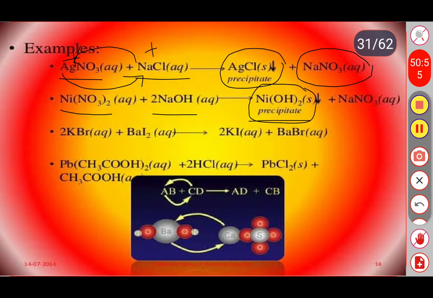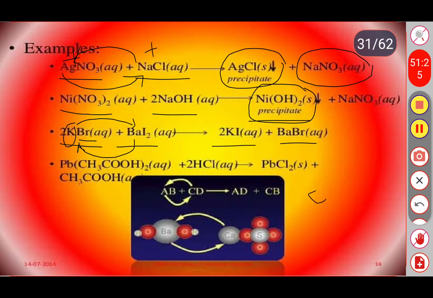The potassium takes the position of barium, and barium exchanges its ion with the bromide, and finally it forms barium bromide and potassium iodide. It means in the two compounds, the positive ions change. So these are some examples of the double displacement reaction.